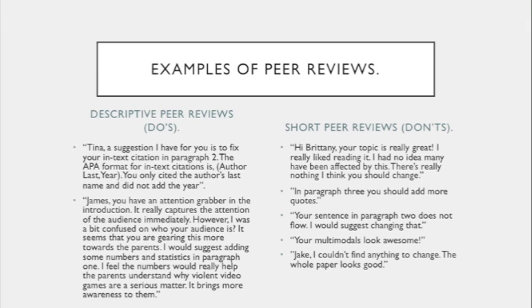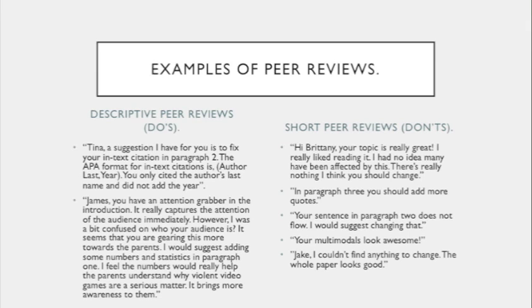In the second example, I start off by mentioning where I want to add a suggestion, which is in paragraph 3, but I don't describe why more quotes are needed. In the third example, again, I point out where I am suggesting the area. However, I don't offer any suggestion on how to change it or why it's going to benefit the paper.